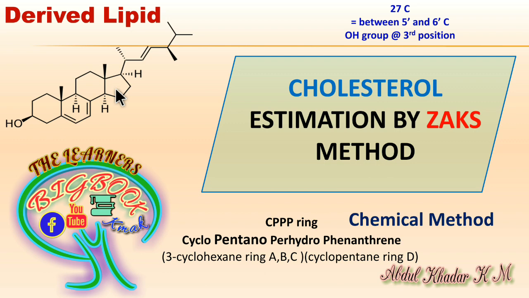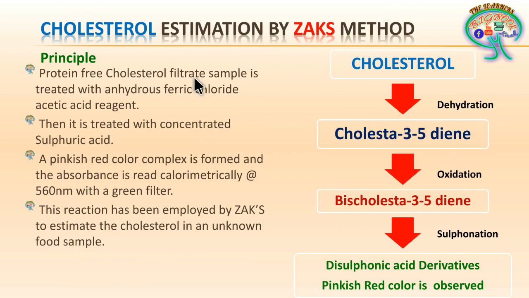Now we are going to discuss the principle. In this we collect a protein free sample of cholesterol. Any sample should be protein free, and we treat it with anhydrous ferric chloride acetic acid reagent, and then with concentrated sulfuric acid.